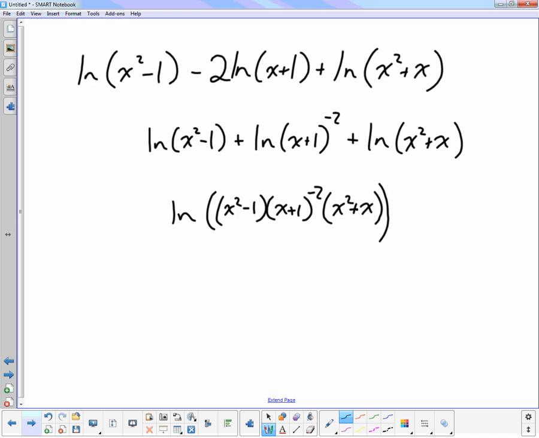Who was the negative 2? That's fine, and then it moves down. Okay. It's actually plus in your denominator. It's plus.